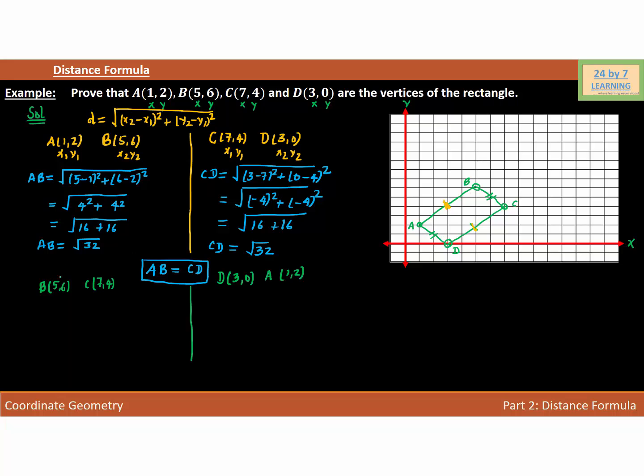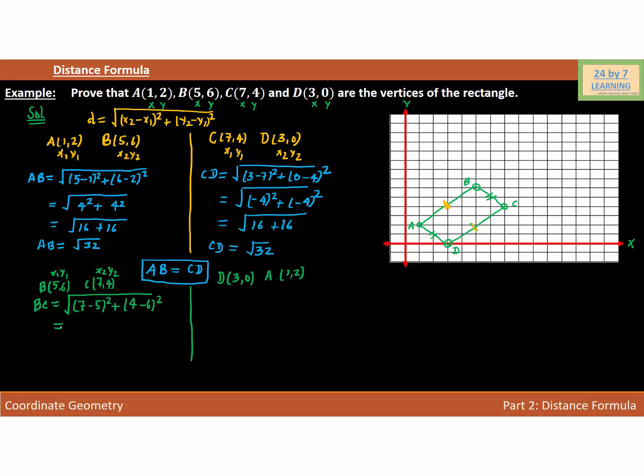So let's first solve for BC. So this is my x1, y1, and this is my x2, y2. So I'm going to find the length of side BC. So BC is equal to square root of x2 minus x1 squared, so 7 minus 5 squared plus 4 minus 6 squared.